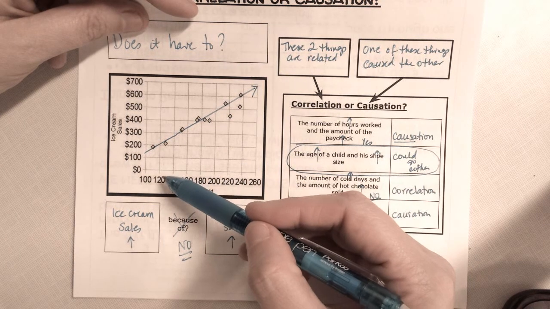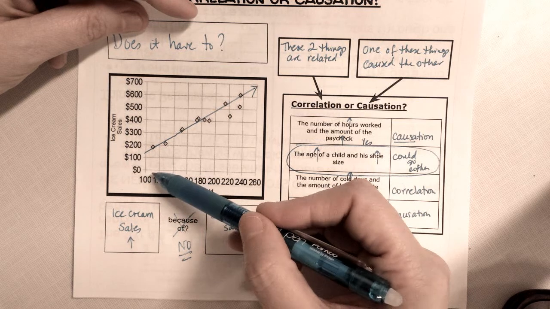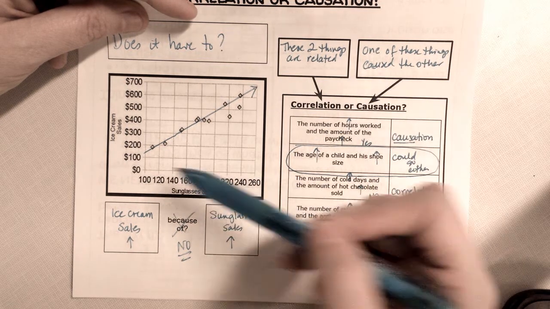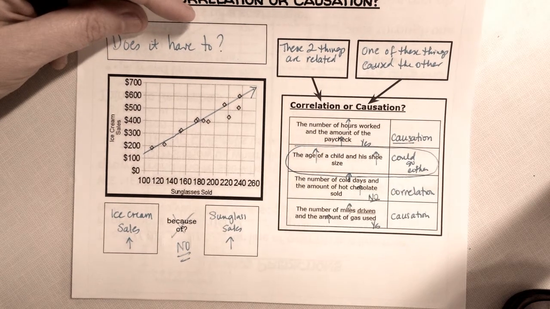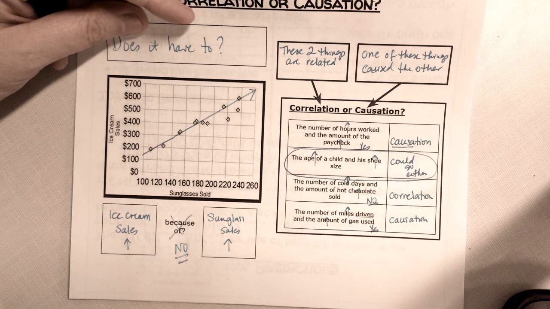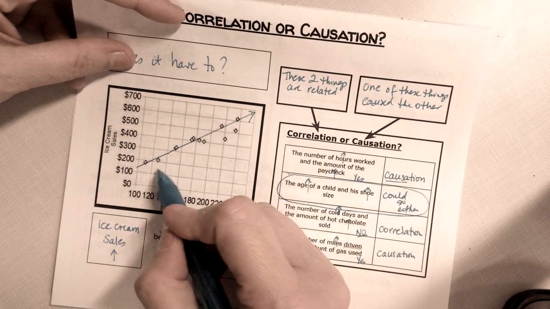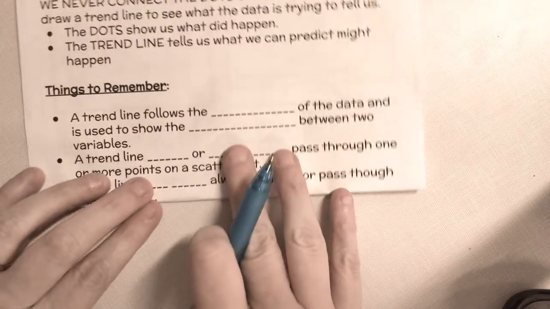On some day I sold 110 sunglasses, and I sold $190 worth of ice cream. Okay, so they plotted all these different days and they saw this pattern. So these dots tell me what did happen. They tell me the data that absolutely was collected.